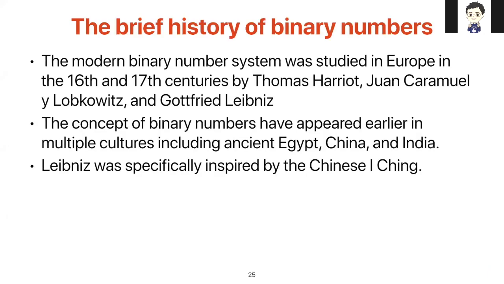So here's the history of binary numbers. The modern binary number system was studied in Europe in the 16th and 17th centuries by Thomas Harriot, Juan Caramuel, and Leibniz. If you ever take differential equations, you must know him, right?